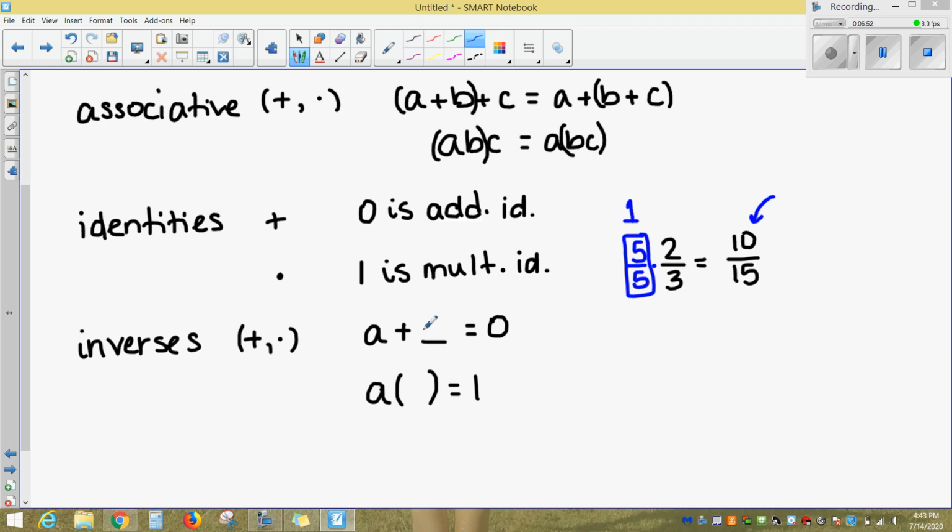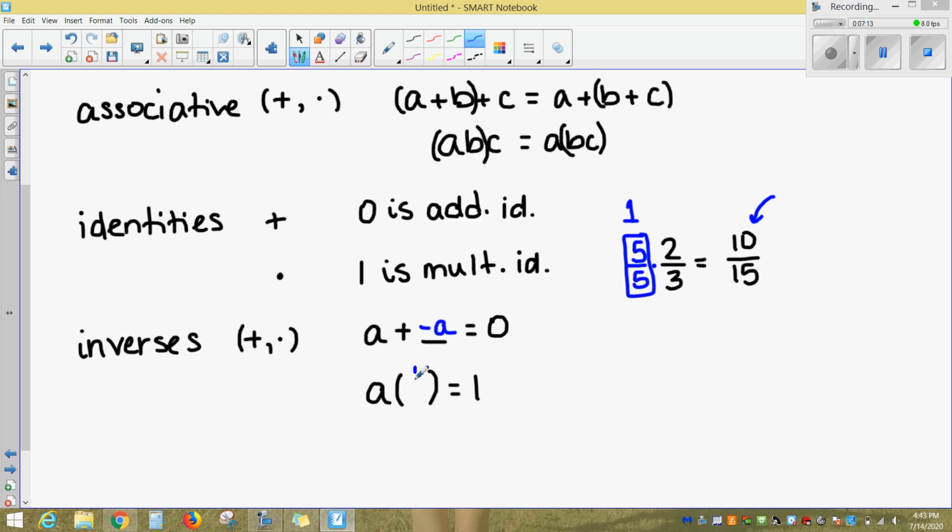Now, a lot of students with some prompting anyway can come up with the negative A or opposite of A here. If I started with 5, I would add negative 5 to get 0. If I started with negative 12, I would add positive 12 to get back to 0.